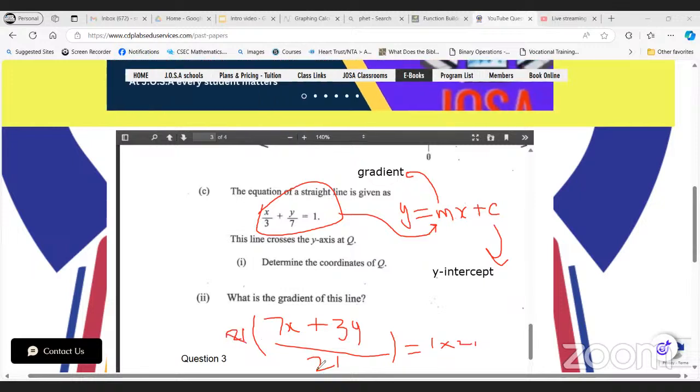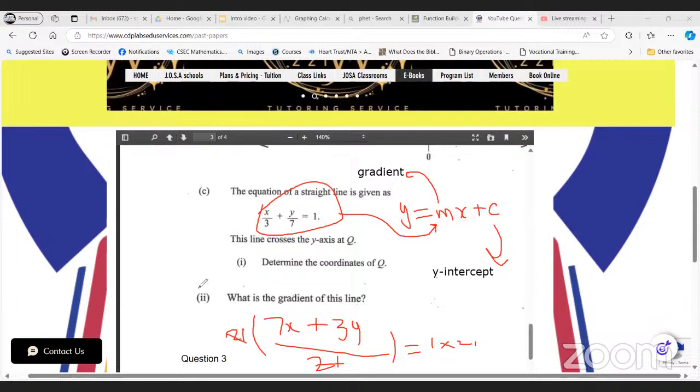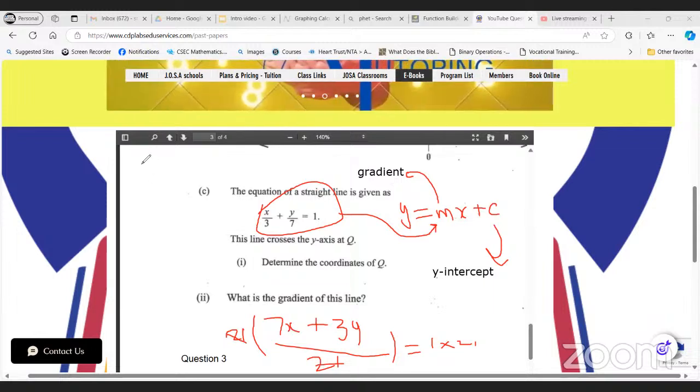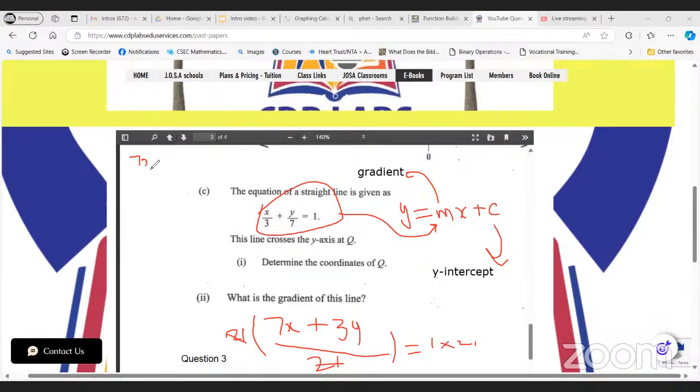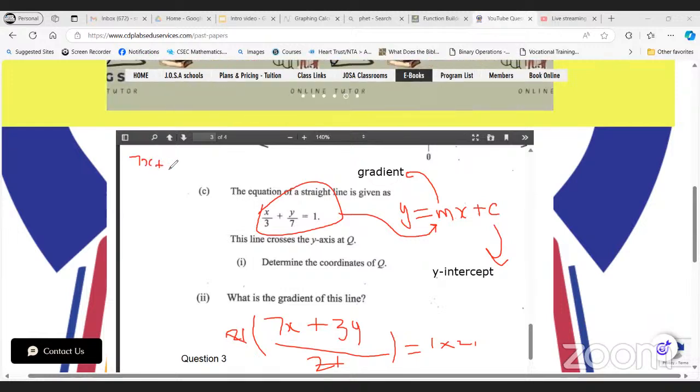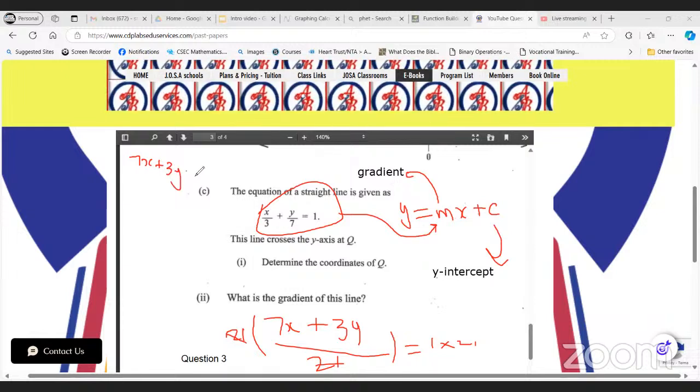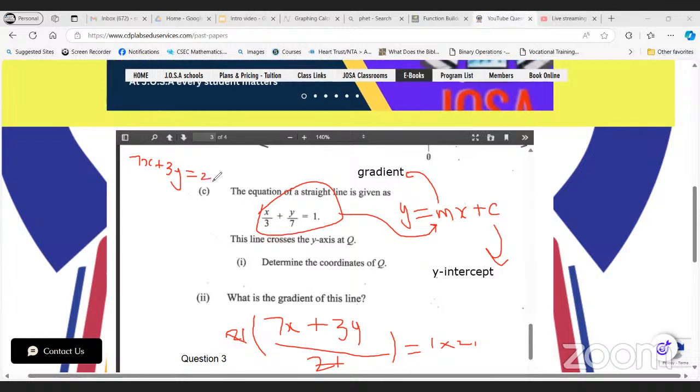So this 21 will get rid of this 21, and therefore you can set up the equation and say 7x plus 3y is equal to 21.